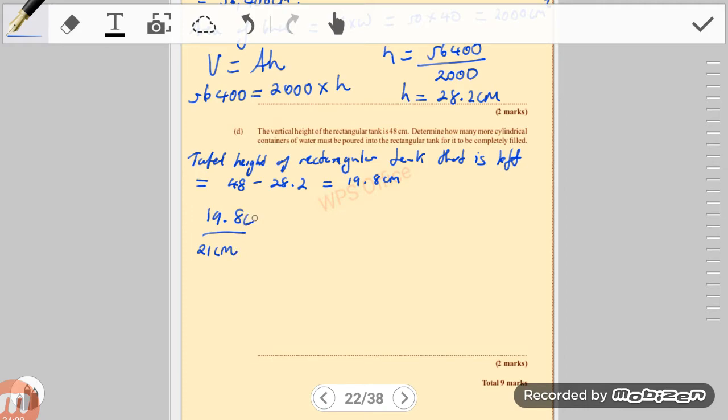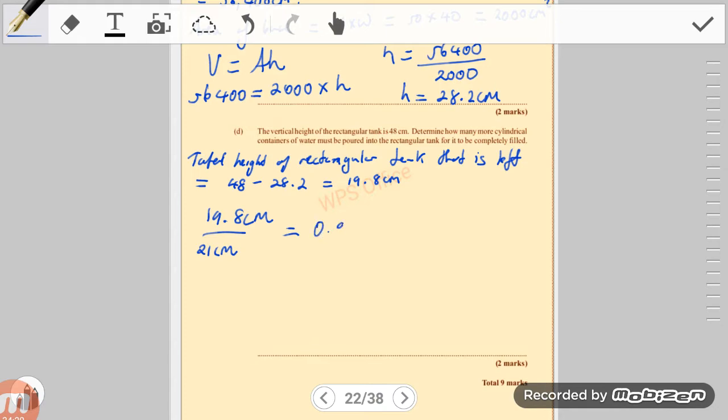That's 21 centimeters. Once we divide those two, that should tell me the approximate amount of cylindrical container of water we need.